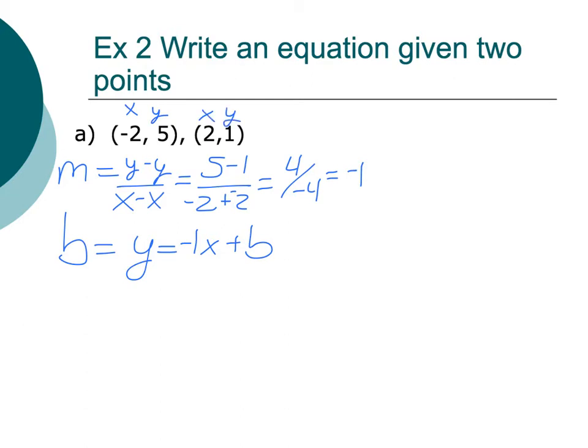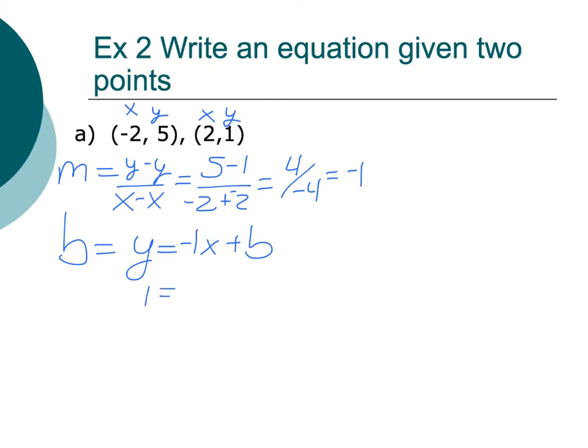It does not matter which one you pick, and put it in for the x and the y. Personally, I choose the one with the smallest numbers, the one with the least number of negatives, and if there's a 0, I will typically choose that one. So in this case, I'm going to pick the 2, 1 ordered pair because it doesn't have negatives and it's got the smallest numbers. So plug it in.